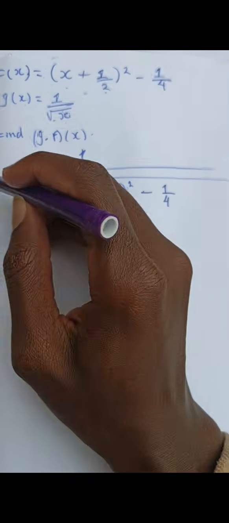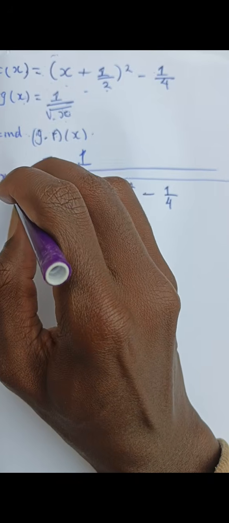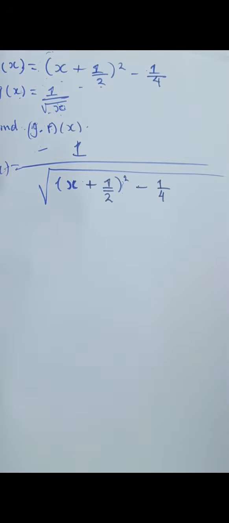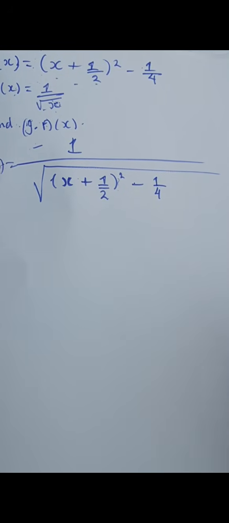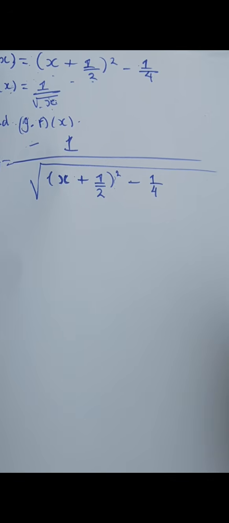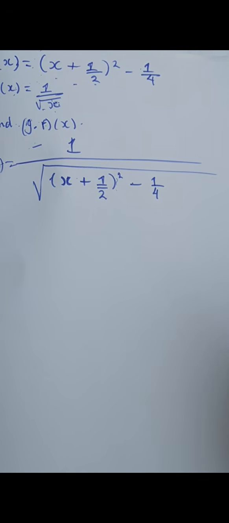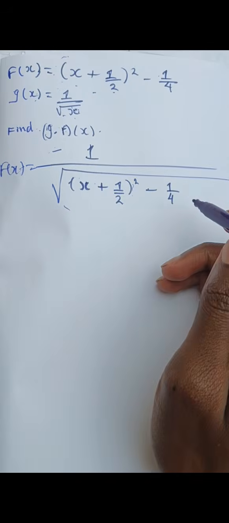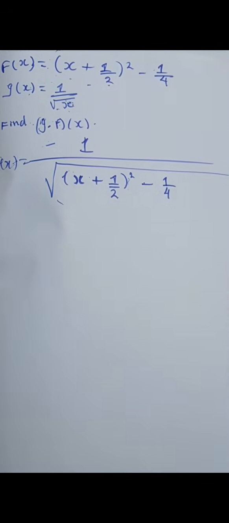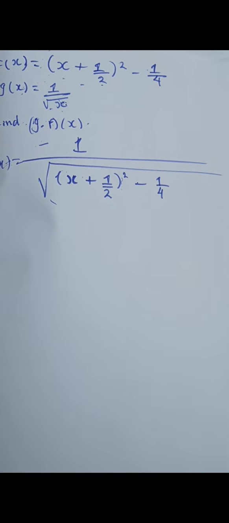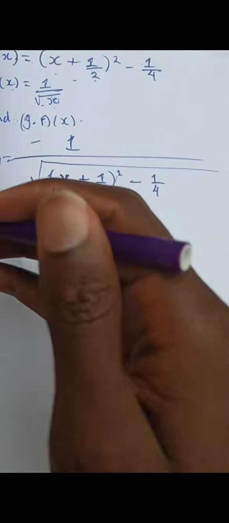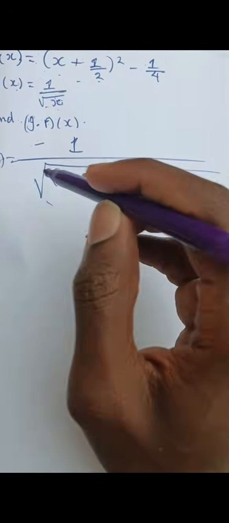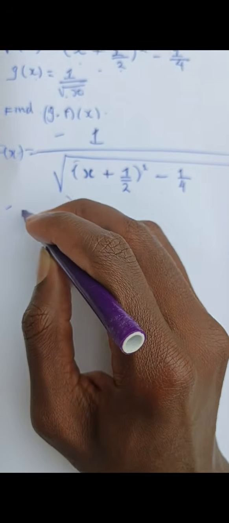So now what you're going to do is, if the expression is simplifiable, make sure that you simplify. Don't just end here. Make efforts of simplifying, because after this we need to find the domain, and to find the domain you shouldn't have this kind of an expression. So let's simplify what is under the square root, because it is simplifiable.